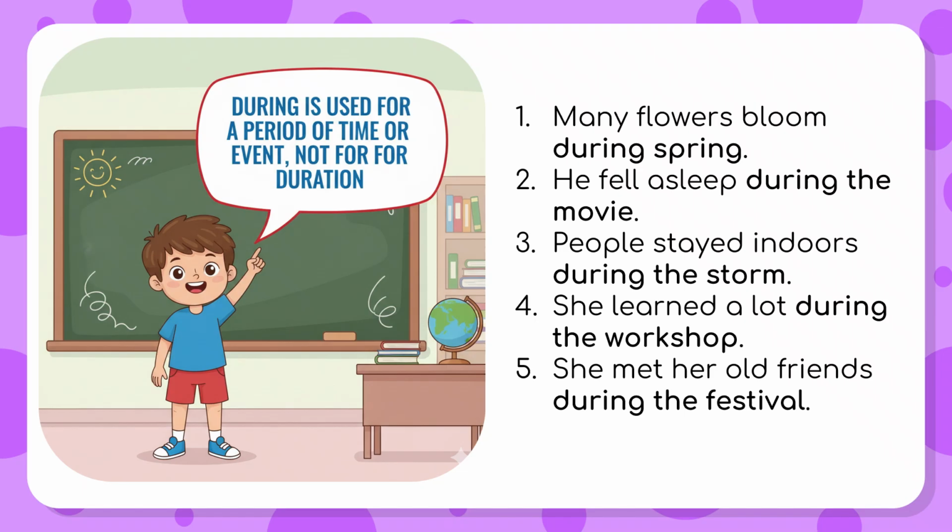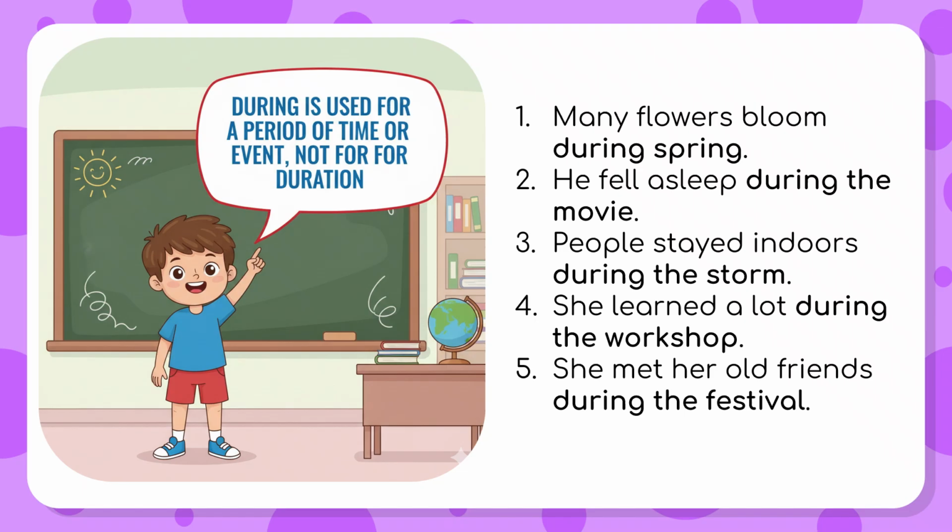I fell asleep during the movie. In that particular duration of time, he completed his activity, he fell asleep. People stayed indoors during the storm. She learned a lot during the workshop. She met her old friends during the festivals.